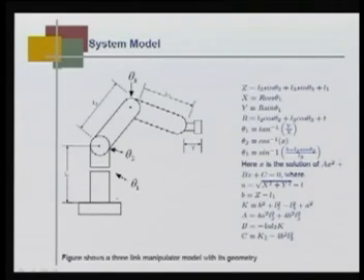The system model, this is more accurate than what we said. This is the base, which we will call the first link, this is the second link, and this is the third link. The base movement is circular, that is theta 1, and theta 2 is up and down, and theta 3 is also up and down, in the vertical plane, and the base rotates in the horizontal plane.